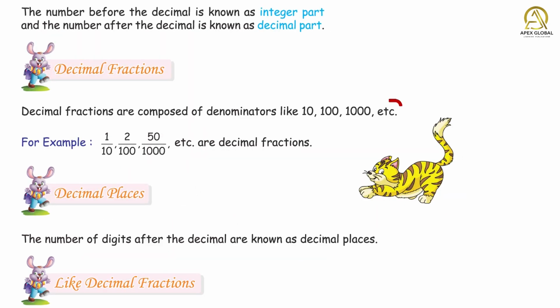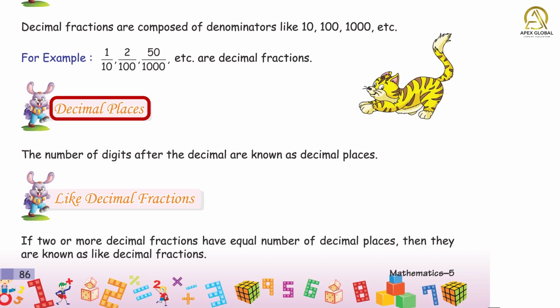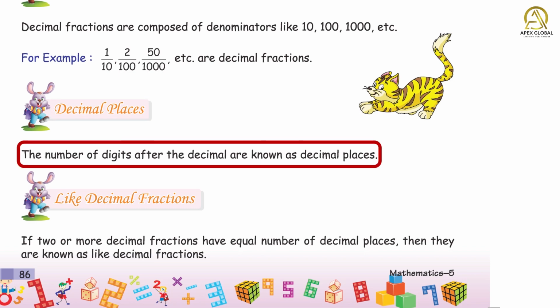Decimal fractions. Decimal fractions are composed of denominators like 10, 100, 1000, etc. For example, 1 upon 10, 2 upon 100, 50 upon 1000. Decimal places. The number of digits after the decimal point is known as the decimal places.